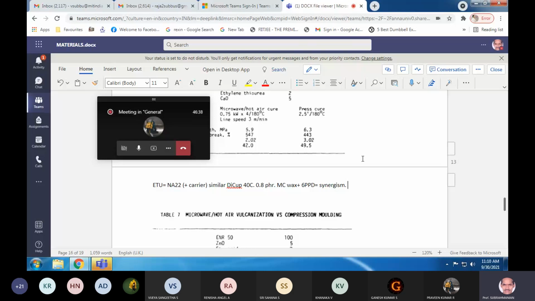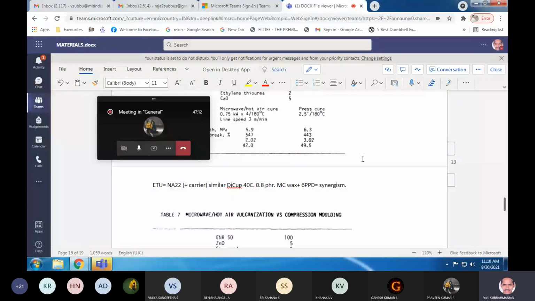Allylic chloride is reactive. That takes part in the cross-linking. So what is left behind? The rubber continues to have unsaturation even after cross-linking. This unsaturation is definitely prone to ozone attack. You understand?